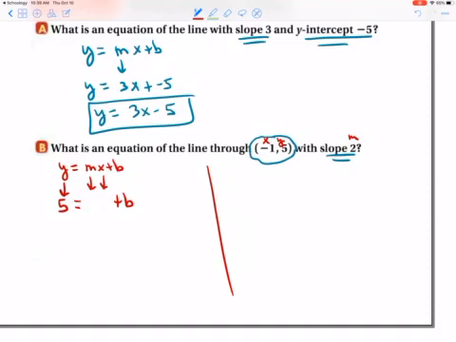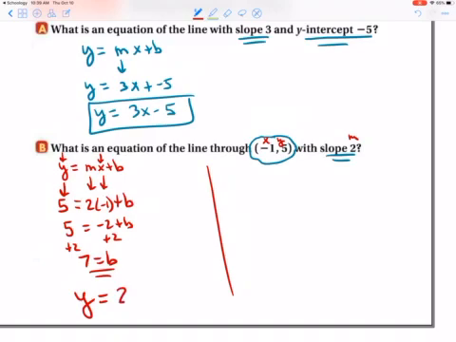Y is 5, slope is 2, x is negative 1. So I plugged in my point for the x and the y and plugged in the slope, and I can solve this for the y-intercept. So I get 5 equals negative 2 plus b. Adding 2, I get 7 is b. So I know what b is. I go back to y equals 2x, because my slope was 2, plus 7. That's the equation of my line.